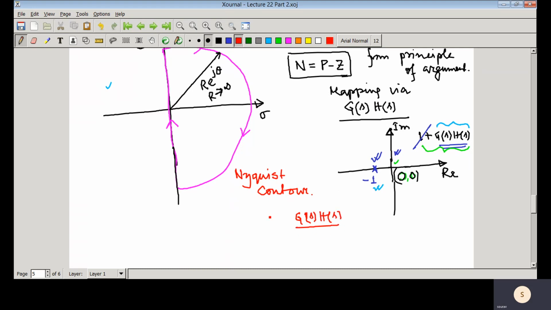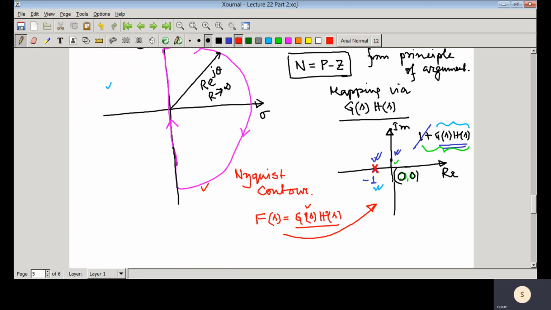So if we consider that this is that function, f of s equal to g of s h of s, and we map this particular contour via this function, then we need to see the encirclement of the contour about this minus 1 j0 point.